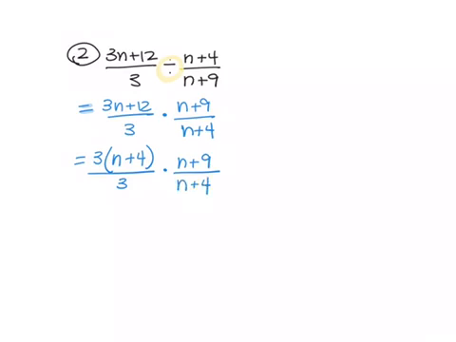Now, with multiplication, remember that you can cancel both vertically and diagonally. So those are the two directions that you can cancel when you are dealing with multiplication.